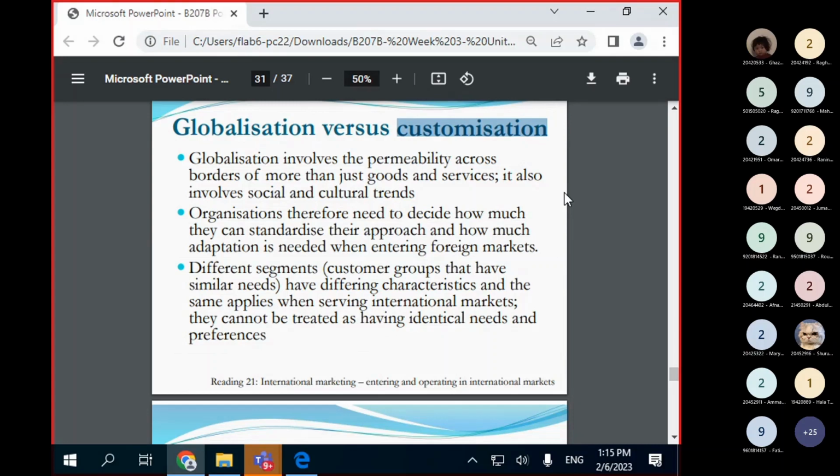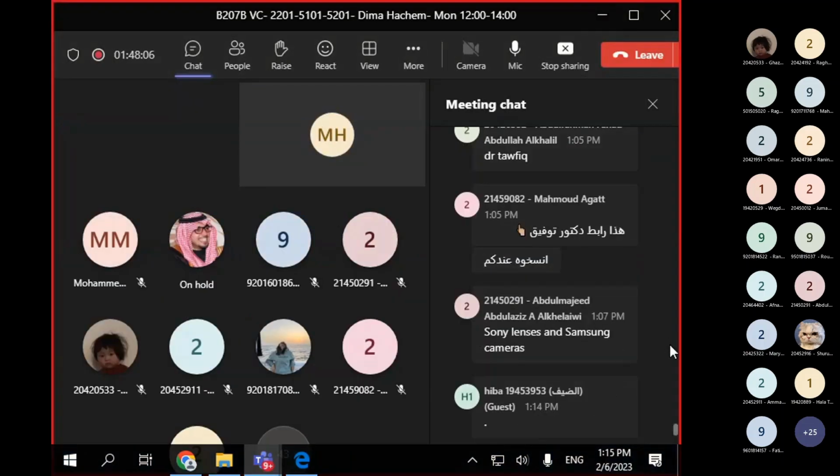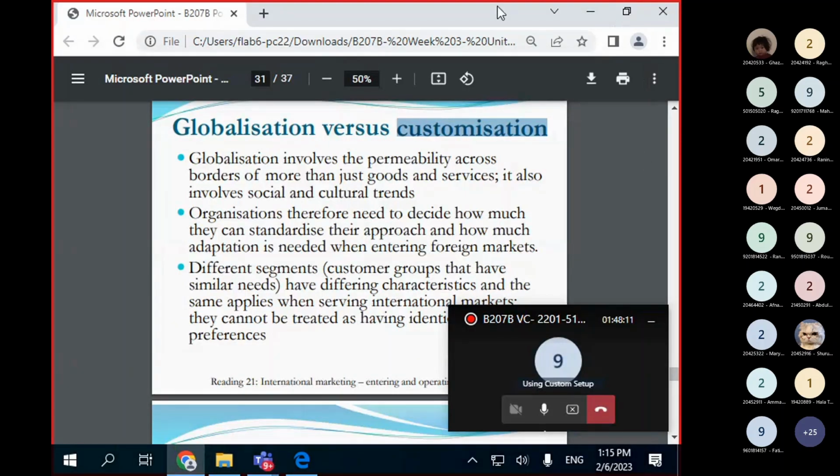So we are speaking about the product, the price, the place, and the promotion. Okay. So here, in order to answer this question very well, you need to think about what difference does it make in the product, what difference does it make in the price, place, and promotion.